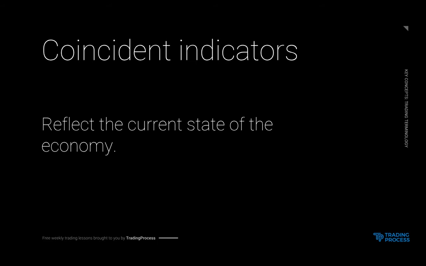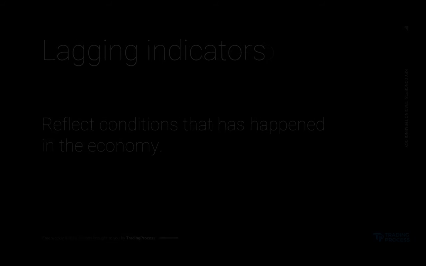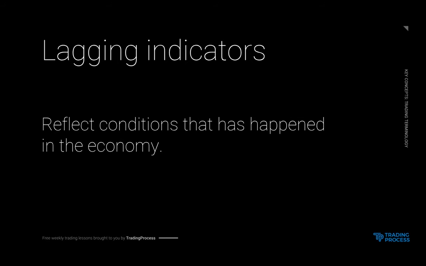Let's say a professional investor looks at the leading indicator and generates a view that the economy will grow in the next 6 months. Coincident indicators will confirm this view 6 months down the line. This is the correct way to use coincident indicators. Professional investors or traders never use coincident indicators in order to trade. The other thing that we have is lagging indicators.